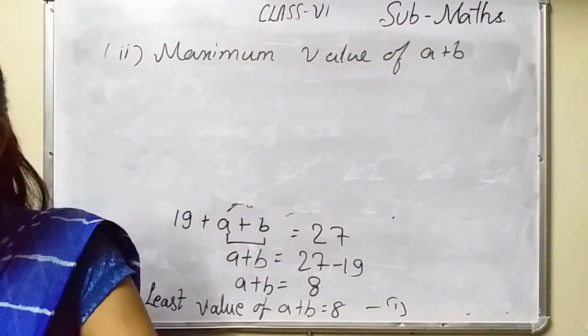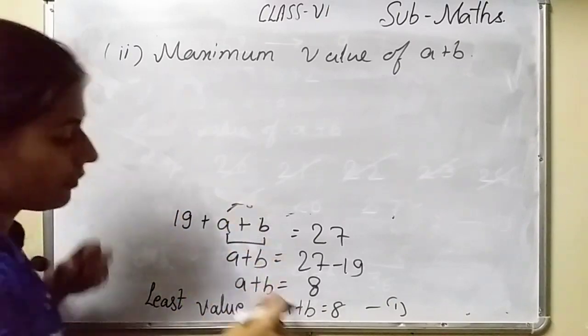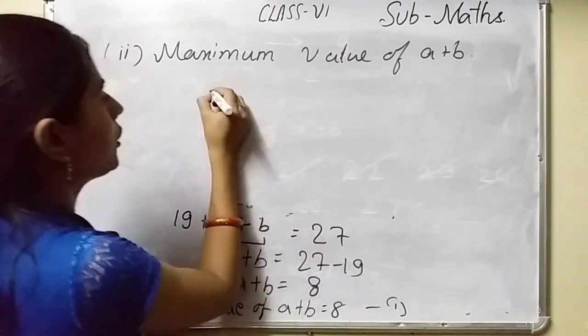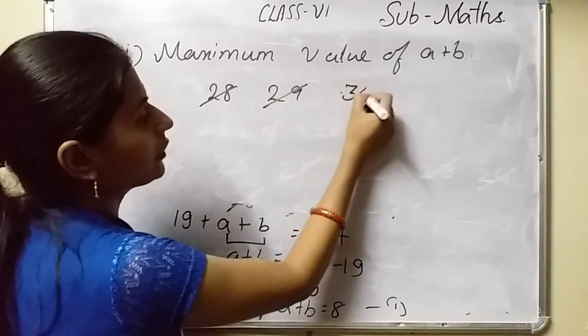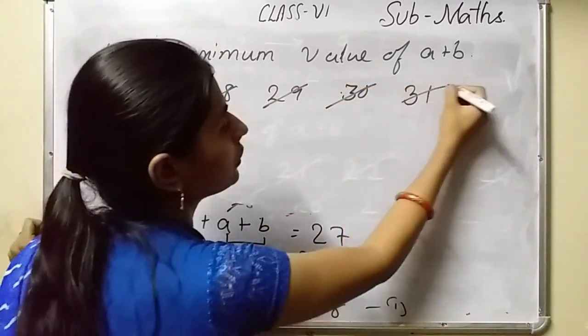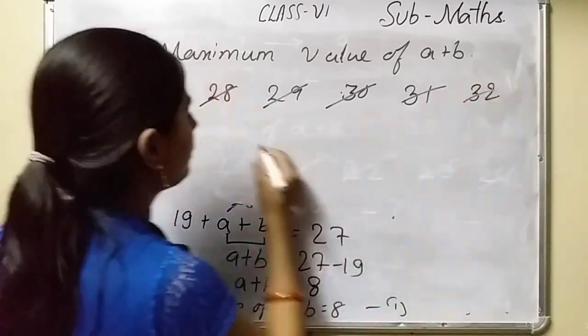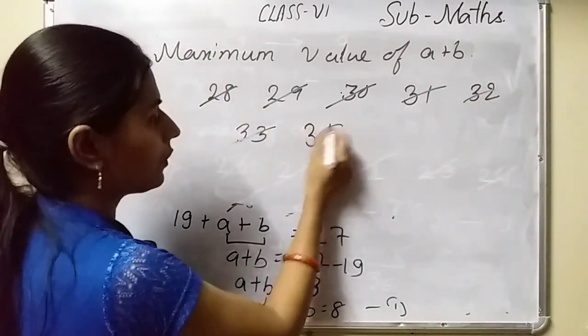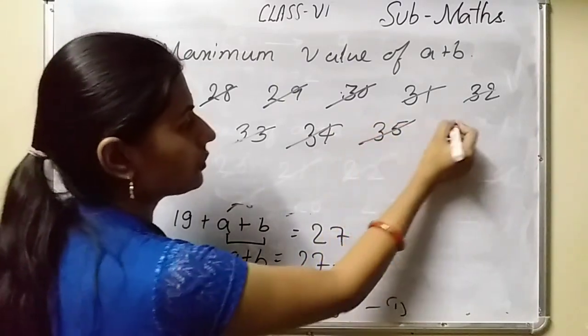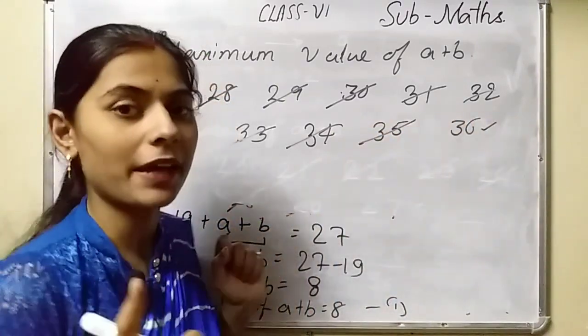Now see, after 27: 28 no, 29 no, 30 no, 31 no, 32 no, 33 no, it is not divisible by 9. 34 no, 35 no, 36 yes, it is divisible by 9.